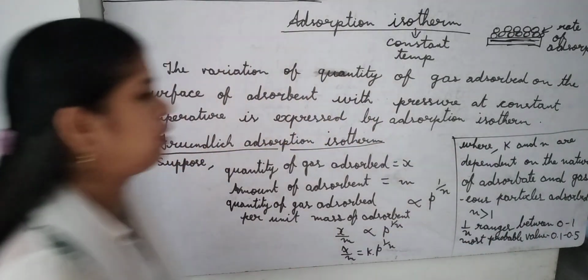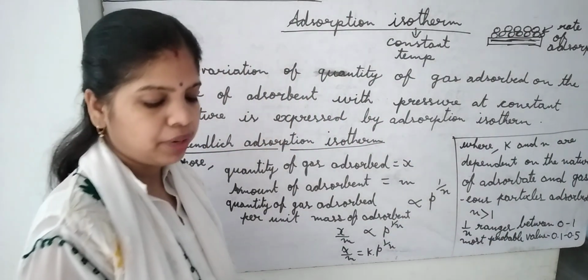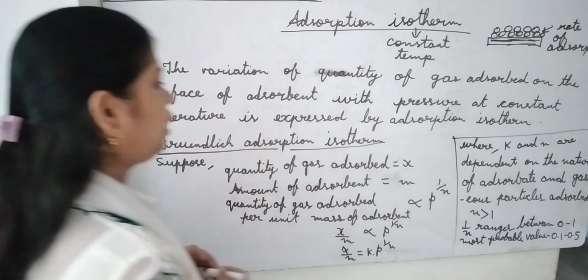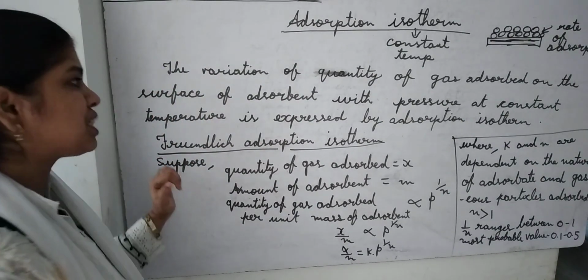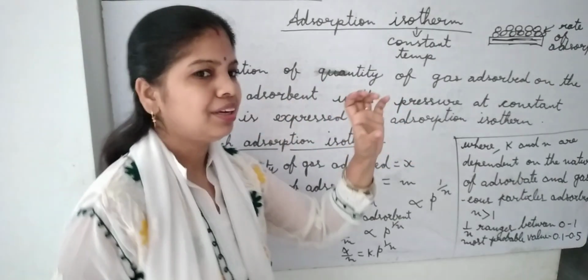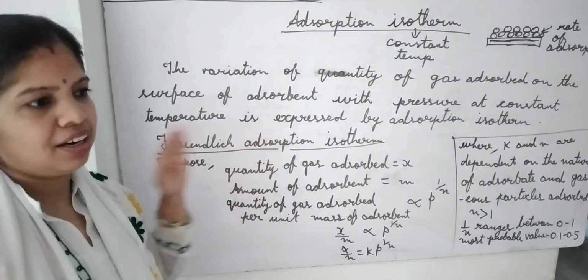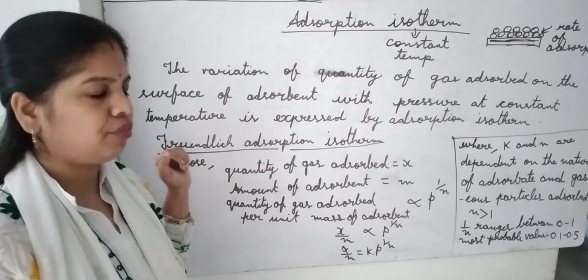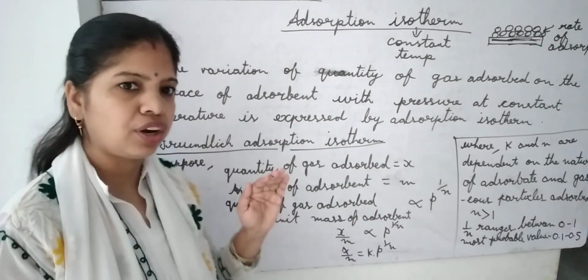This is most probable value for 1 by n. Now through graph, the validity of Freundlich adsorption isotherm is dependent on the graph. So first of all, we'll try to understand it through graph.